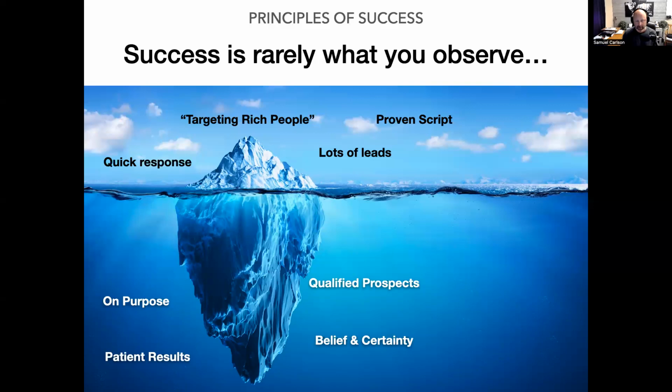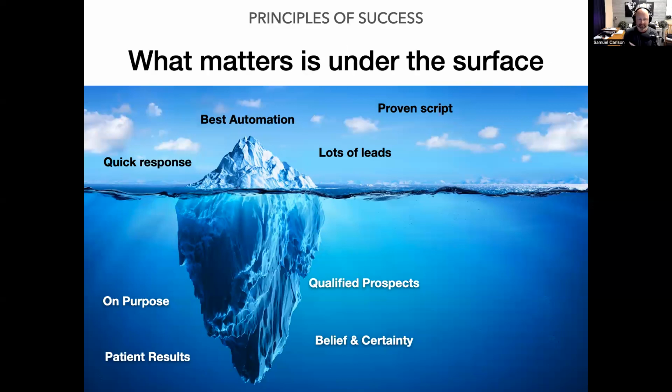These are the things. Now, at the very beginning of this training, I'm giving you a very wide net to cast on how we're going to achieve success. The point is this: what matters is always under the surface. It's not the stuff on top.